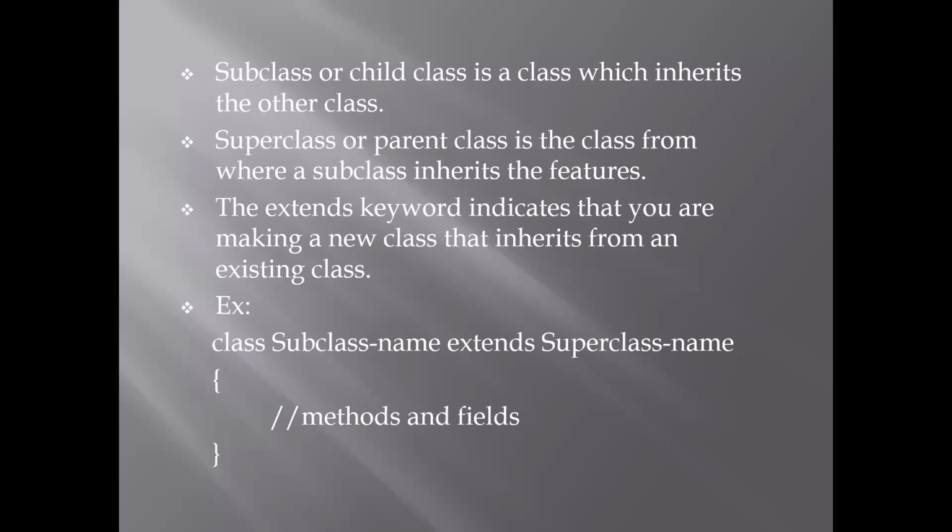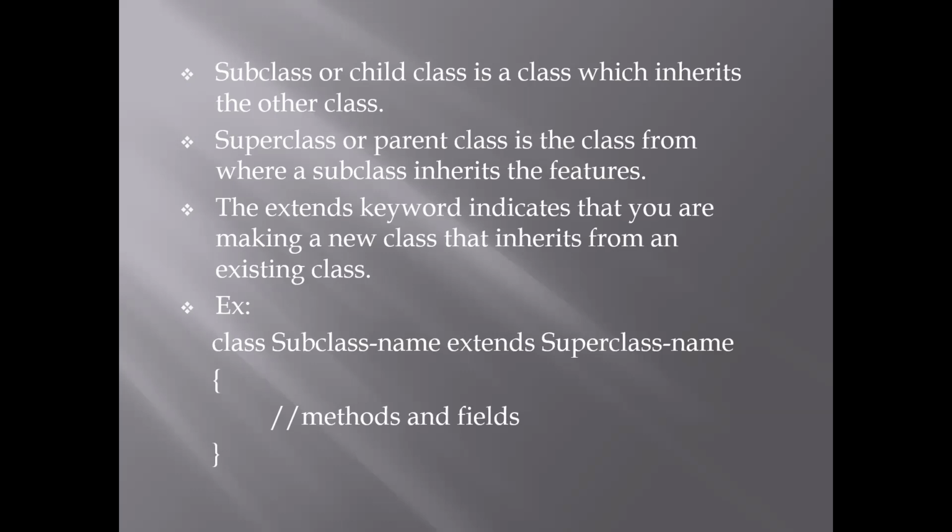And yeah, to make this inheritance relationship in code, we use the extends keyword. Extends, okay. So whenever you see the extends keyword in code, for sure it's an inheritance relationship between two classes.